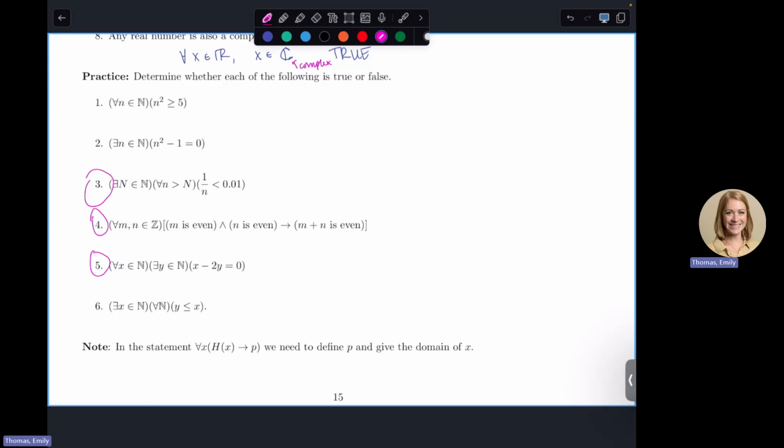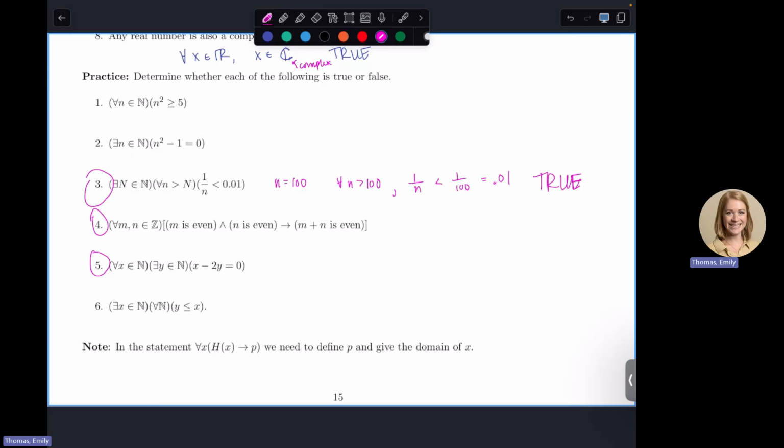Because if n equals 100 or 1,000, then for all n bigger than 100, 1 over n would be smaller than 1 over 100, which is equal to 0.01. Woo, that's tricky. This is true. That's what we're supposed to be doing, deciding if they're true or false.